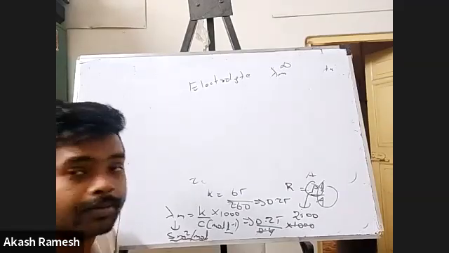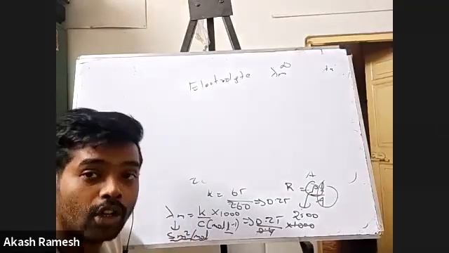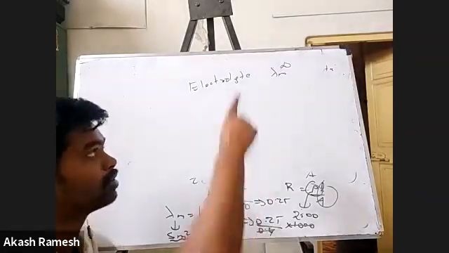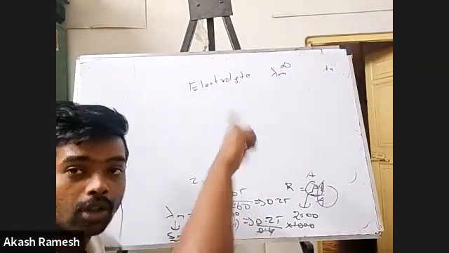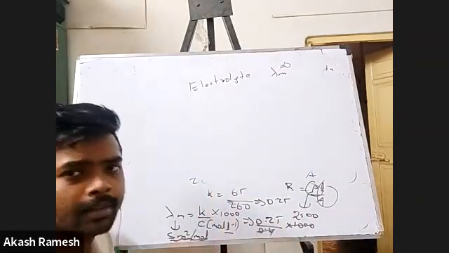The molar conductivity of a solution when the concentration approaches zero. Good. So it is the molar conductivity of a solution at zero concentration or infinite dilution. That's why we put 0 or infinity. 0 means 0 concentration. Infinity means infinite dilution. So either way, that's going to be fine.